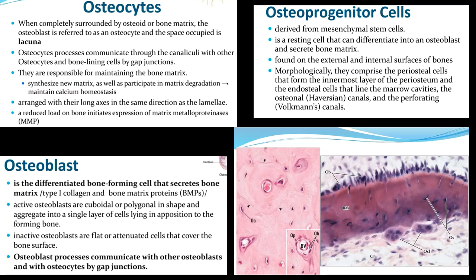They mainly occupy space in the lacunae. Osteocyte processes communicate through the canaliculi with other osteocytes and the bone lining cells by gap junctions. They synthesize new matrix, participate in matrix degradation, and maintain calcium homeostasis in the bone.